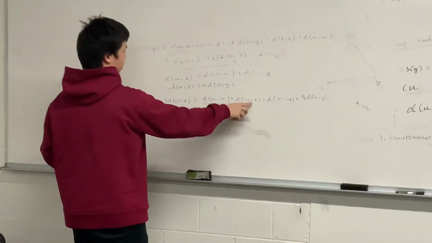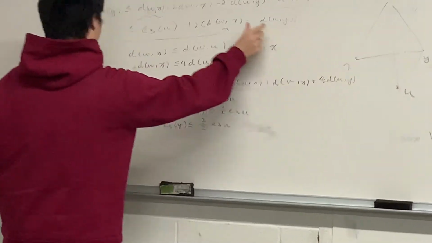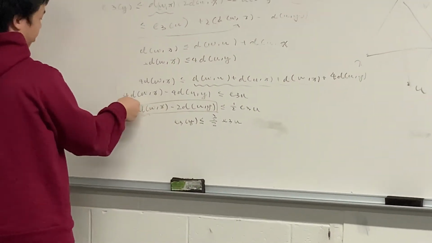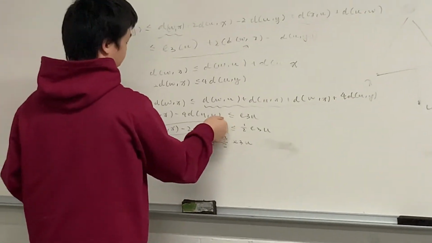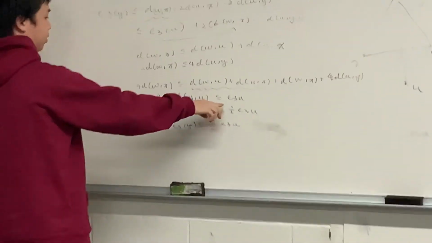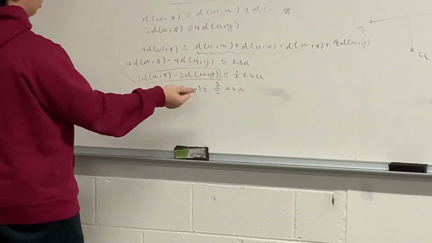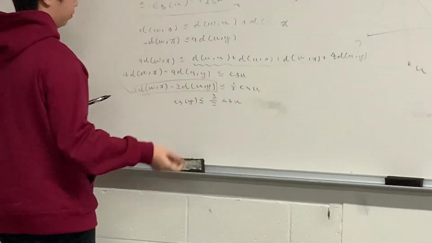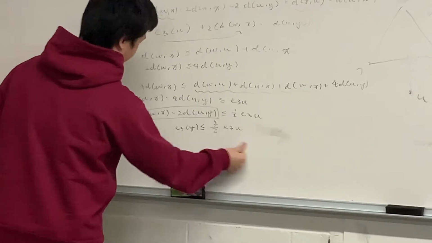So we could write it in this form, and by minusing this from this side, 4 times dwx minus 4 times duy is equal or smaller than eccentricity 3 of u. So 2 times that is smaller or equal to half of the eccentricity 3 of u. And here we could get this result.